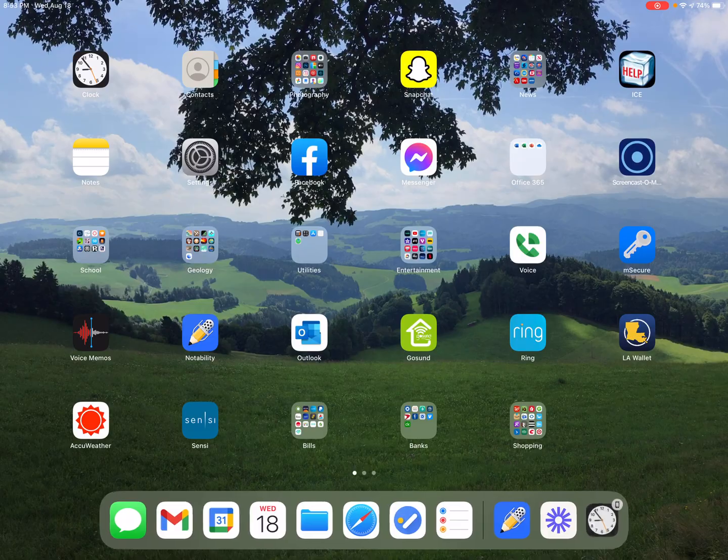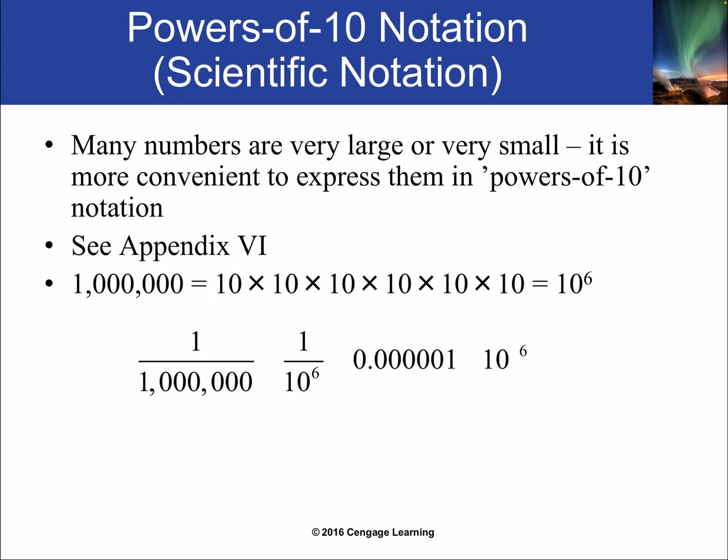So if we switch back over to our PowerPoint, the next thing in your chapter that's covered is powers of 10, also known as scientific notation. They're the exact same thing, just different labels for the same thing. And basically, we use this for when we have very big numbers or very small numbers.